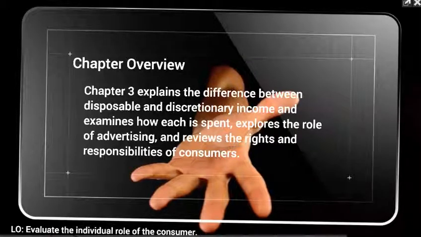Chapter 3 explains the difference between disposable and discretionary income and examines how each is spent, explores the role of advertising, and reviews the rights and responsibilities of consumers.